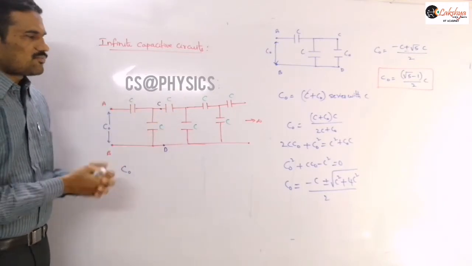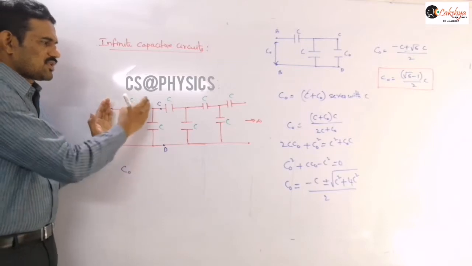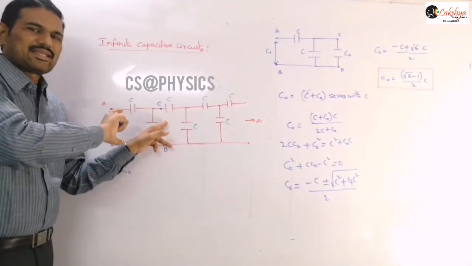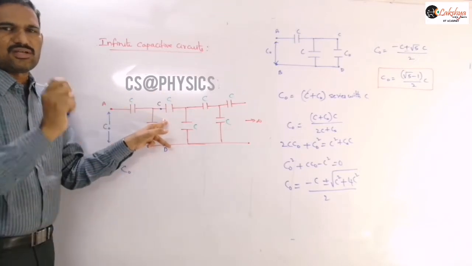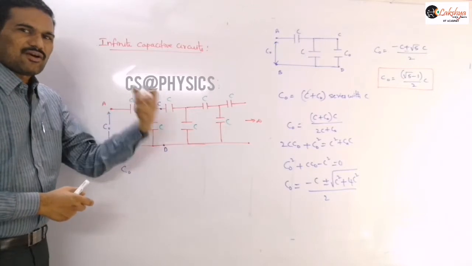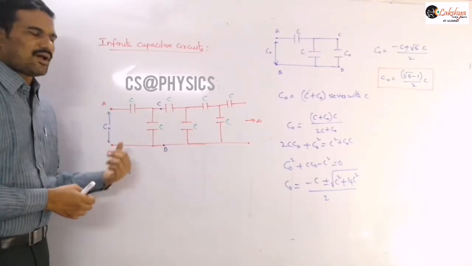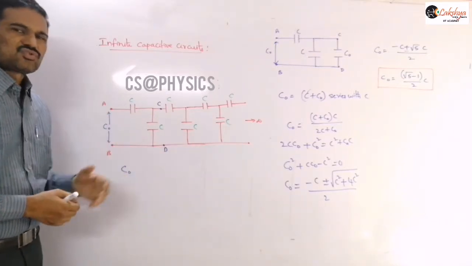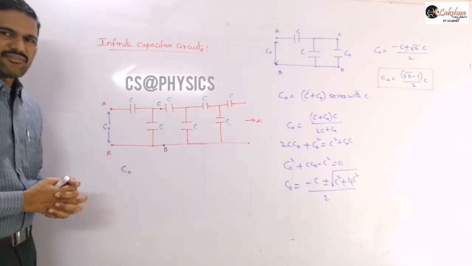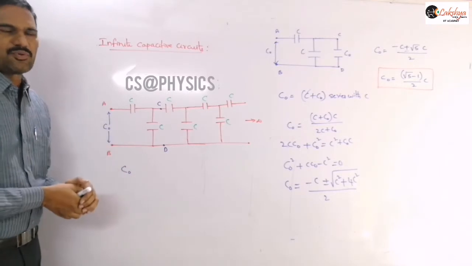So now I am removing this. Then the effective capacitance of this remaining circuit is C naught. That means now we can replace the total infinite circuit with a single capacitor of capacitance C naught. Now for that infinite circuit, again I am adding this unit cell here. Once this is added, there is no change in the effective capacitance. That is nothing but our fundamental point that we are discussing.